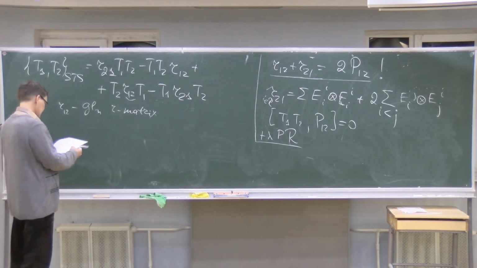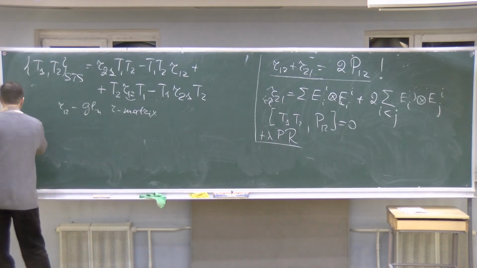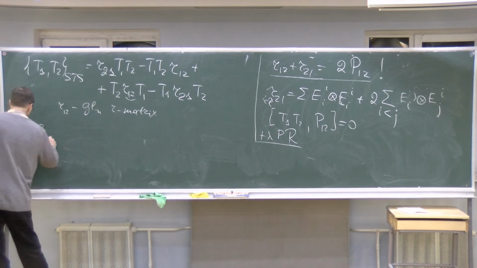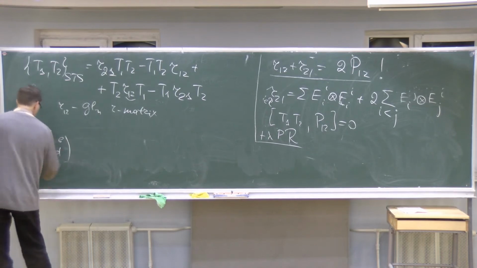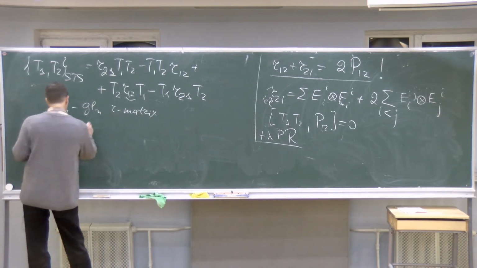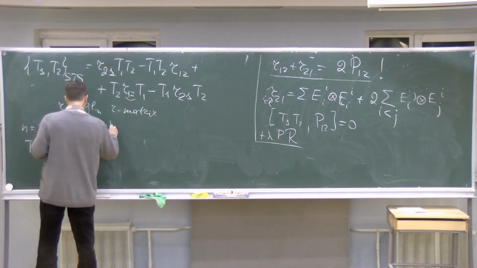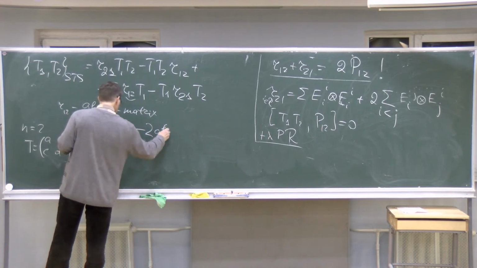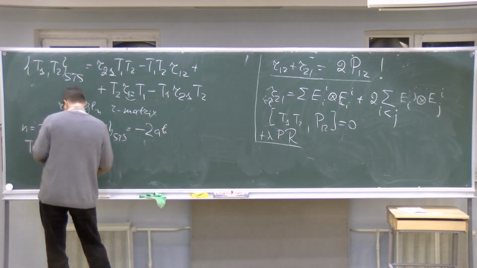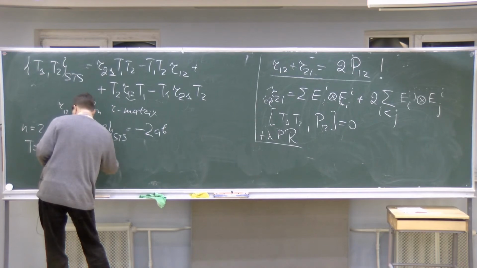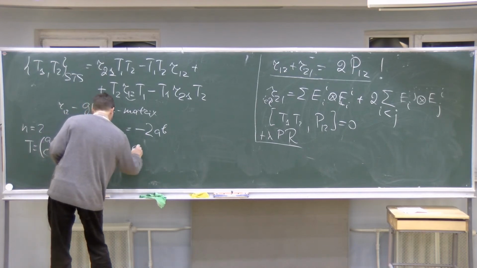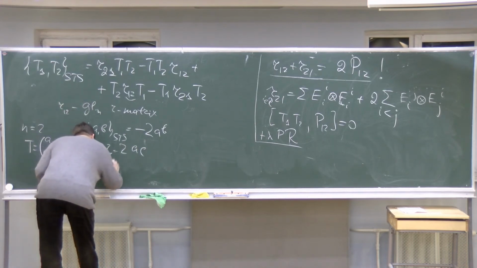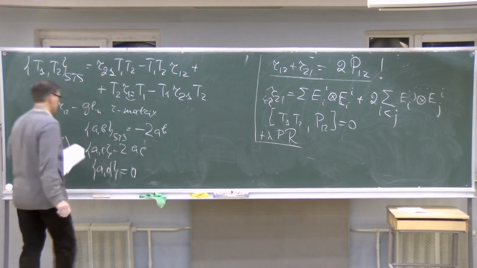Maybe let me write an example immediately. T is, as usual, A, B, C, D. AB with STS is equal to minus 2AB. AC with STS is equal to AC. AD Poisson commutes, 0.